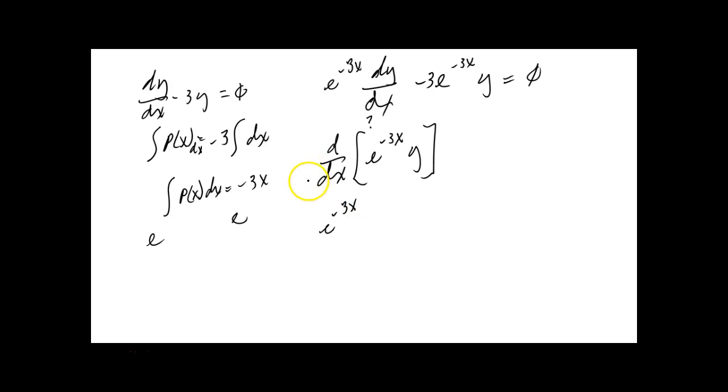Wait, where'd you get a y squared? You're not integrating, you're taking a derivative. It's times dy/dx, isn't it? This times the derivative of that would be that, right? Is that what you were doing? I'm not following.